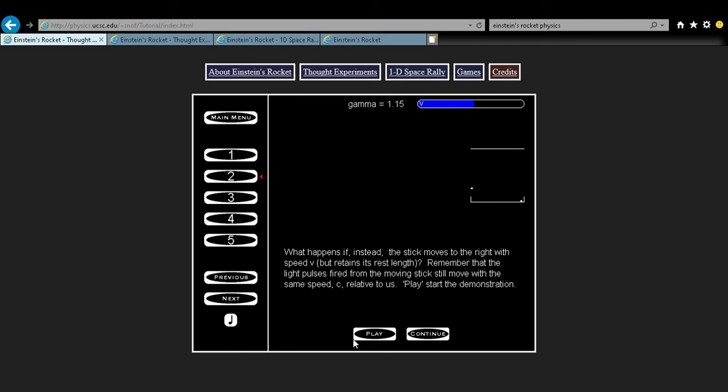Now, with that forward motion, the pulses are no longer in sync.